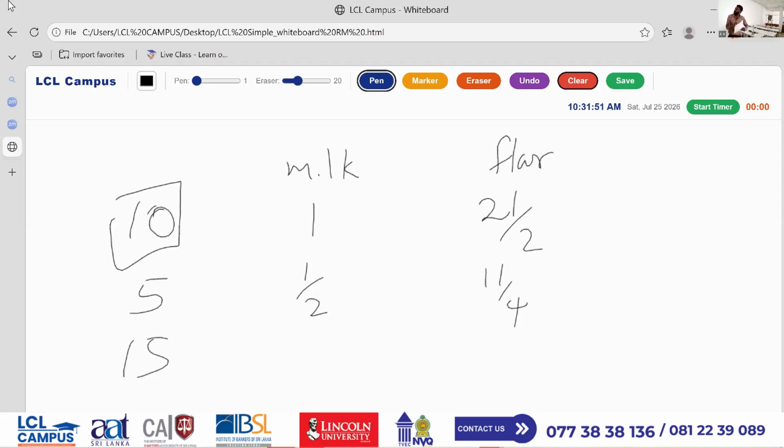Like this way only is the easier method to find the answer. For 10 people it is 1 and 2.5. Therefore, for 5 people it is exactly half of that: half and 1 and 1/4.